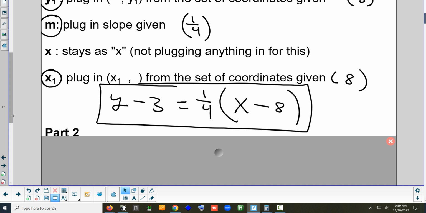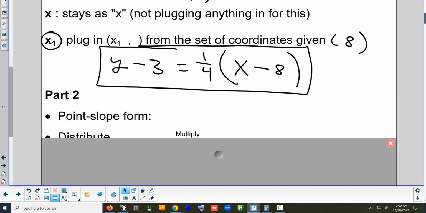Now, when you do slope intercept, that's what we did yesterday. What letter is always by itself on the left? This is what we did yesterday. Yeah? We always have a y by itself on the left.